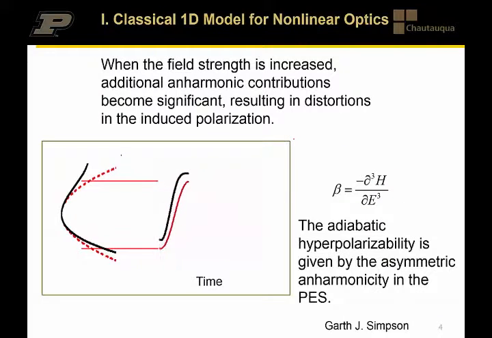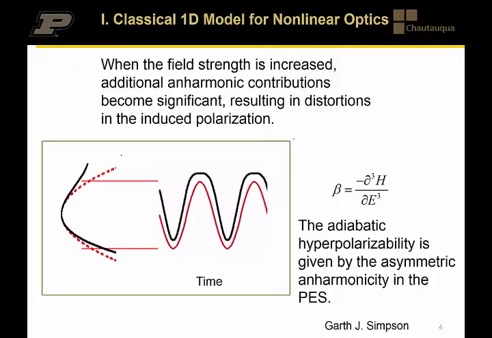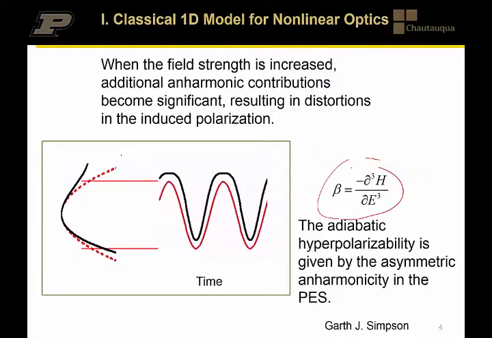So let's now consider what happens in the presence of an anharmonic potential, where the third derivative is non-negligible, and we have an asymmetry for the internal energy as a function of a field applied on the upstroke versus the downstroke. If we were to roll something on this potential energy surface and ask what sort of induced dipole we would expect, we can imagine that as something is rolling along, it's going to see a steep potential energy on the downstroke, and so it'll turn around fairly quickly.